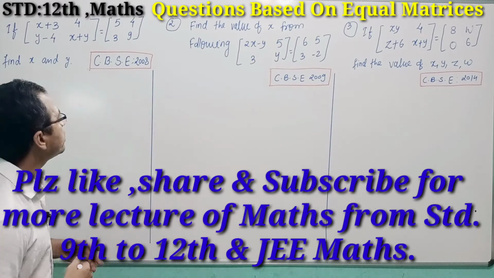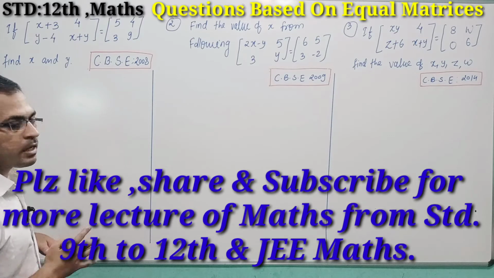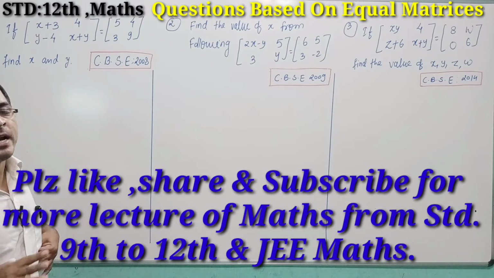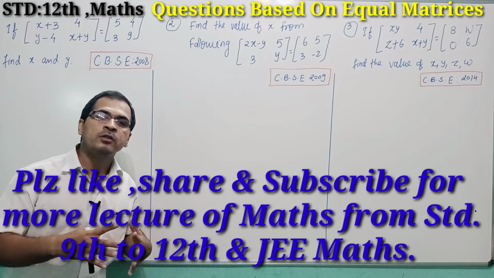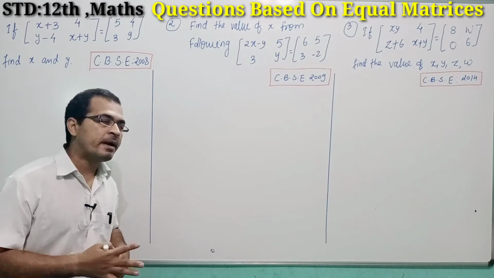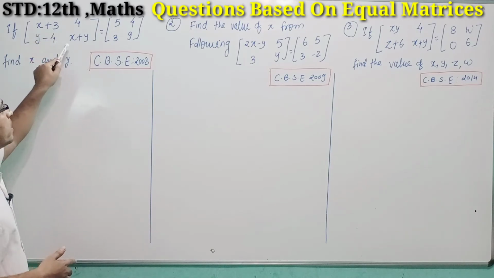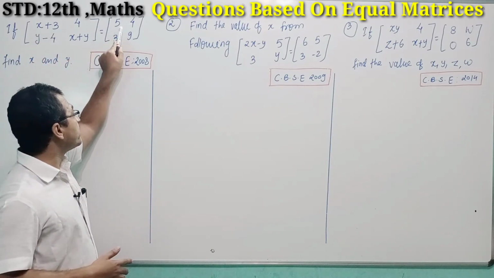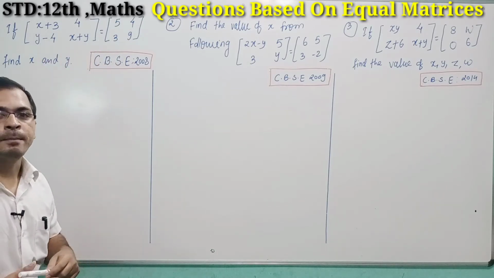In the very first question, two matrices are given with the same order. If the matrices have the same order and all the corresponding elements are comparable, then those matrices are equal matrices. Here you can see 2 rows and 2 columns in this matrix, which means these two matrices can be compared.